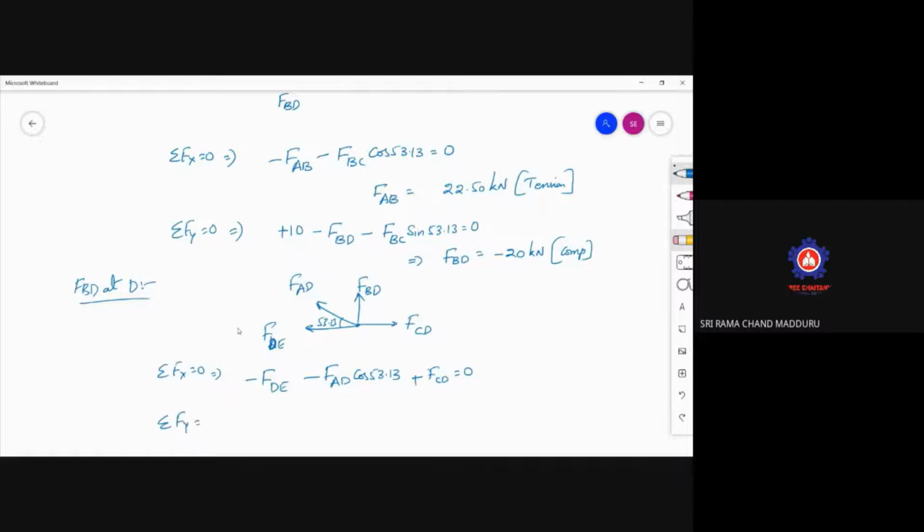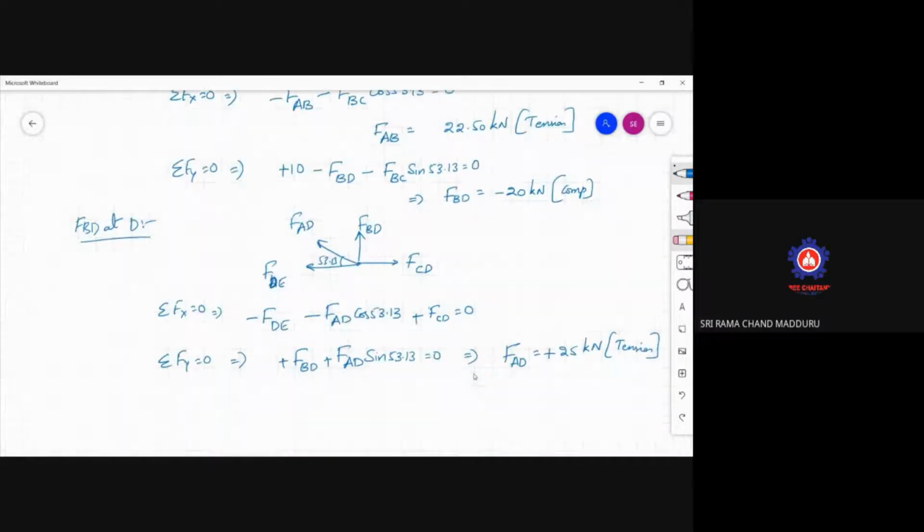Sigma Fy equal to 0: plus FBD plus FAD sin 53.13 equal to 0. So you will get the value of FAD. FAD is plus 25 kilonewtons. Substitute this FAD value in the above equation to get FDE, which is minus 37.5 kilonewtons.